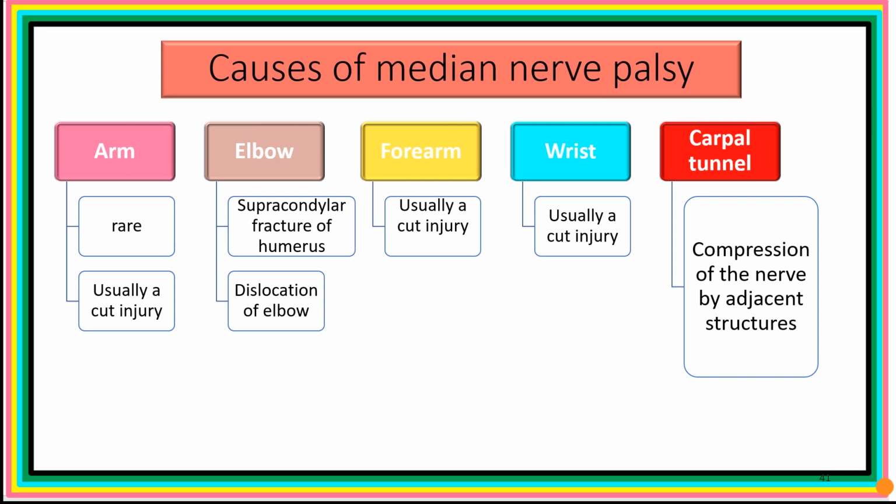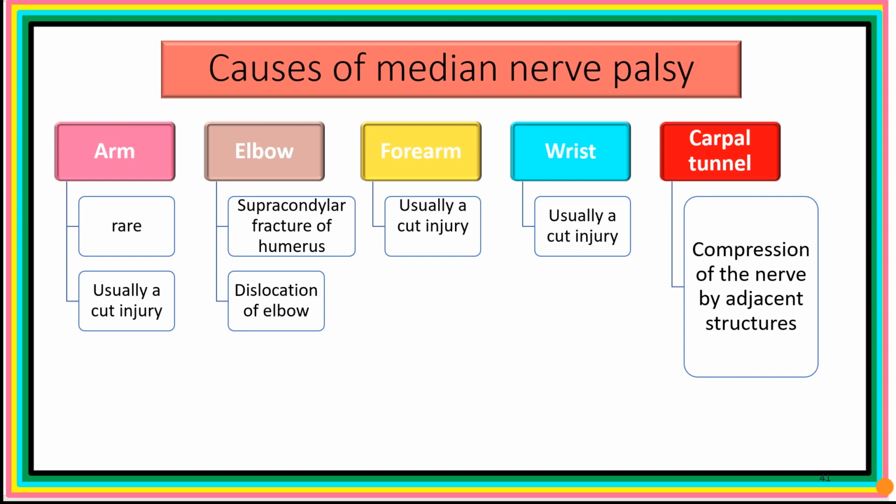Some of the causes of median nerve palsy in the arm are rare, and usually it comes as a result of cut injury. Now, at the level of the elbow, the major causes are supracondylar fracture of the humerus, and then sometimes dislocation of the elbow can also cause median nerve palsy.